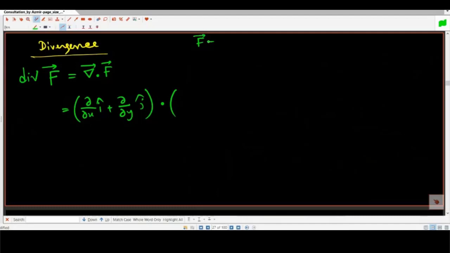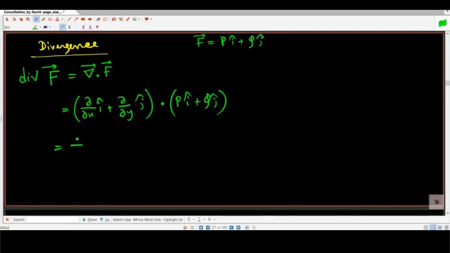Let's say it is equal to pi plus qj. That means f has the components as functions. So pi plus qj. By dot product, we know that first term times the first term plus second term times the second term.